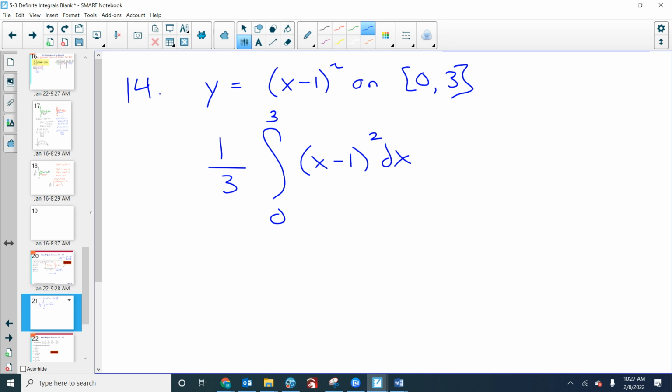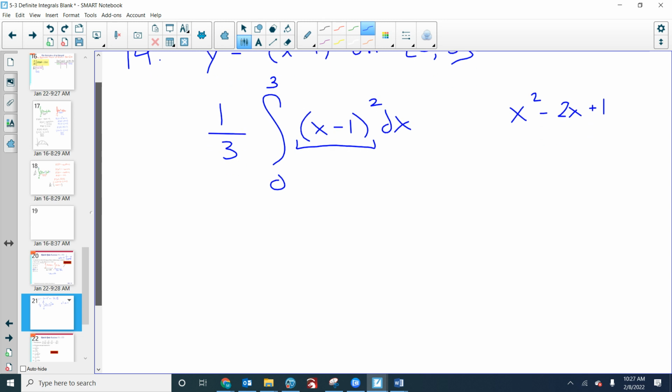If you say add 1 to the exponent and divide by the new exponent, you're using the power rule. Do we use the power rule on binomials, trinomials? We don't know. So what's the safe bet? Well, FOIL it out. X squared, minus 2x, plus 1.